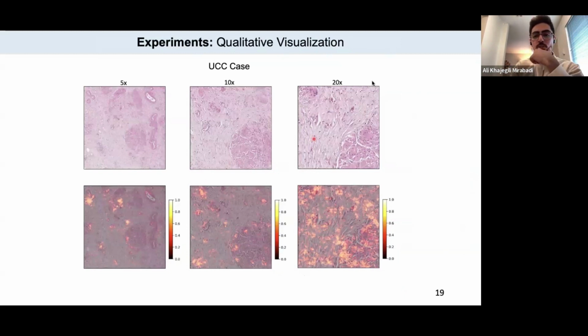For example, for this case, when you want to investigate the node level, 5x and 10x are not as important, because even for humans, you cannot see that much here. So what stands out here is the 20x one, because that's the information we can confirm the subtype from.